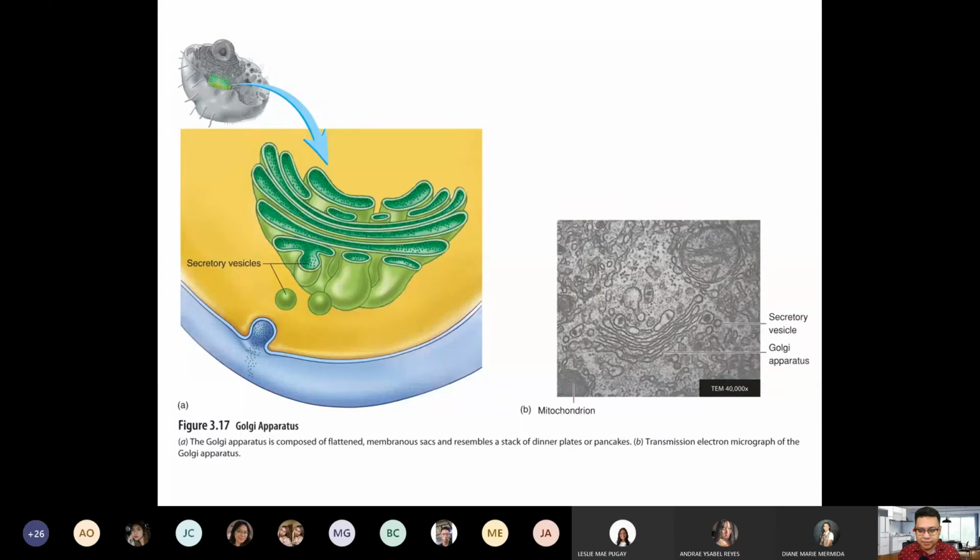So this is how the Golgi complex produces secretory vesicles and how it is used to release its contents. Parang nagkakameron ka ng bukol dito sa isang side, then it eventually will pinch off. Then paglabas, pag lumapat na siya sa dulo ng cell, lalabas na yung ating contents.